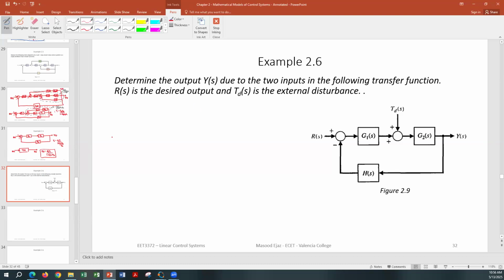So we're going to use superposition. Let R(s) be active and T_D(s) be inactive.